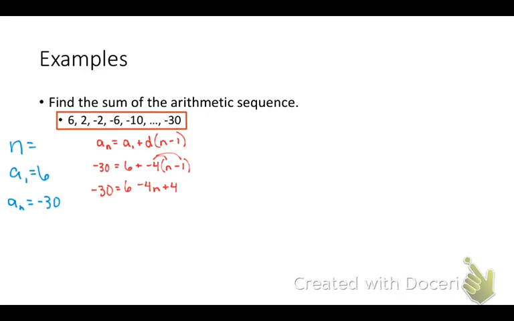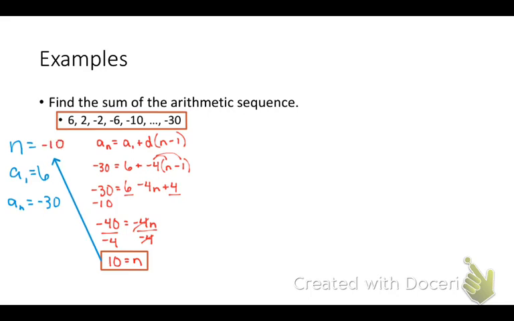I'm going to subtract the 10 that I have between the 4 and the 6. So I'm going to have negative 40 equals negative 4n. Divide by negative 4. So n is equal to 10. That number can now go here.